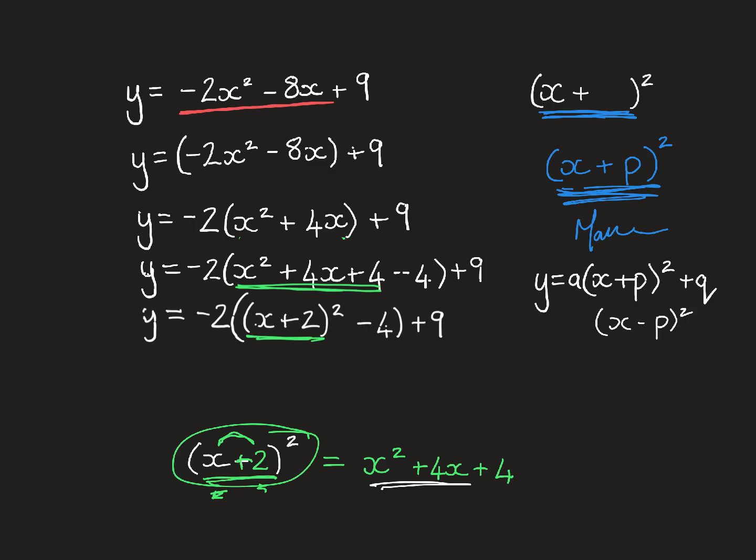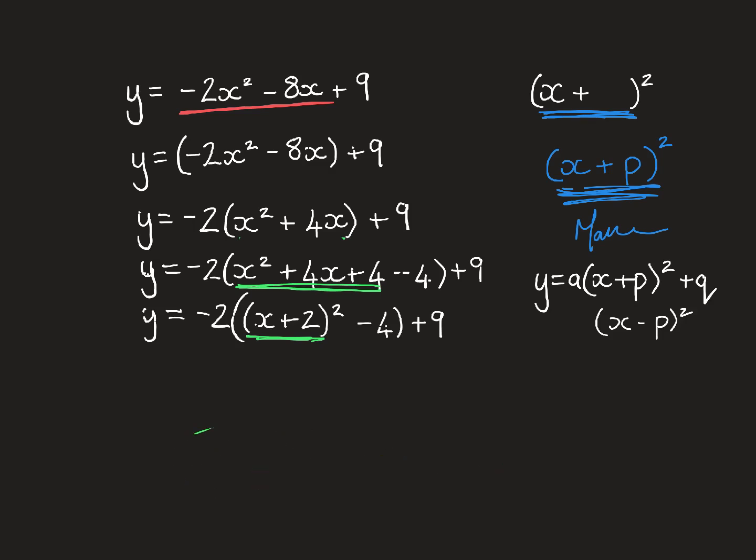My only issue is that now I have something that looks a little gross, and I'm wanting it to look like it's in turning point form. So let's multiply out those brackets.